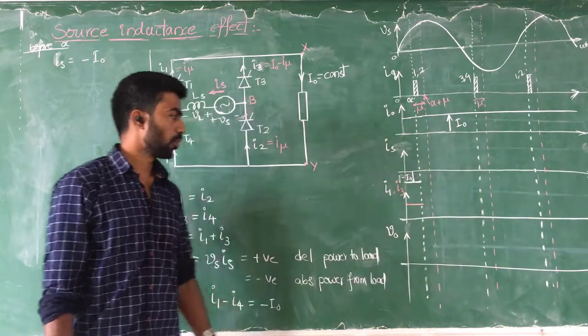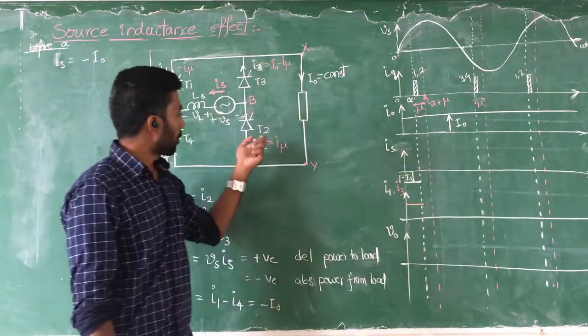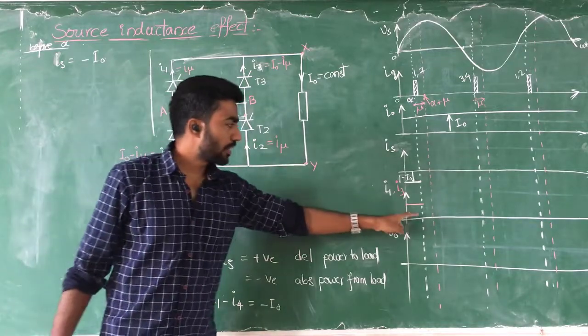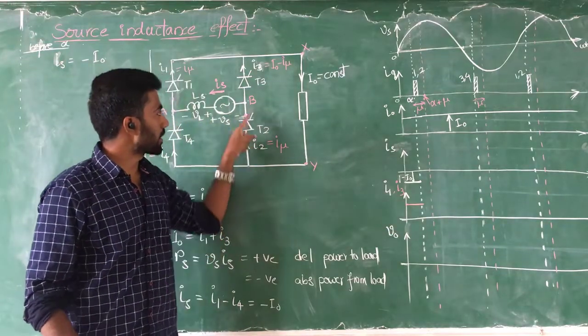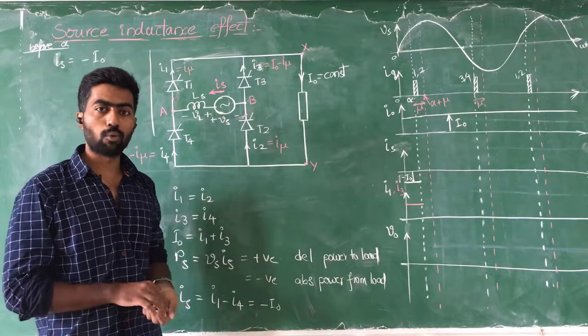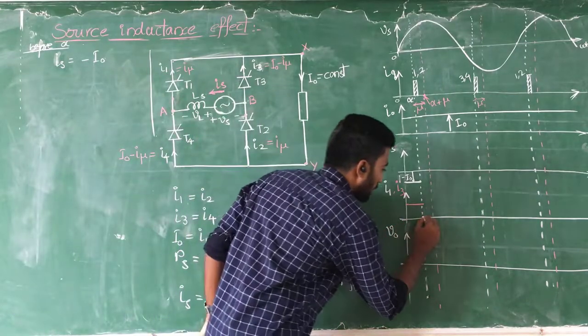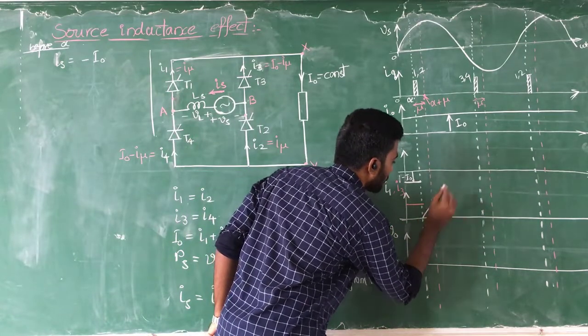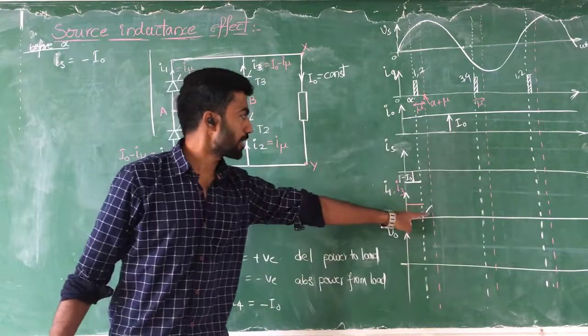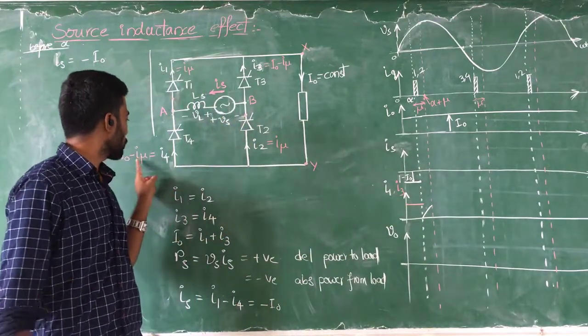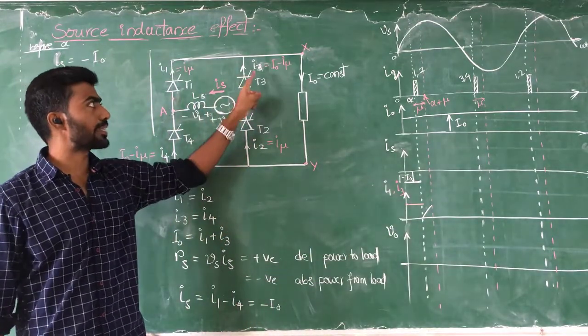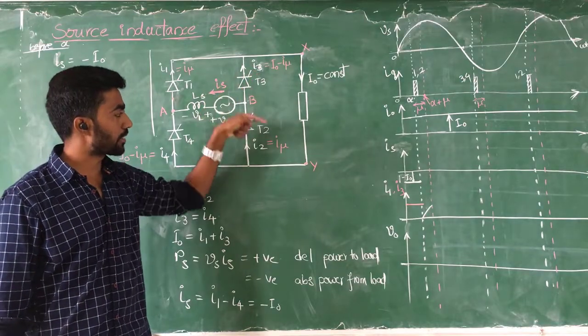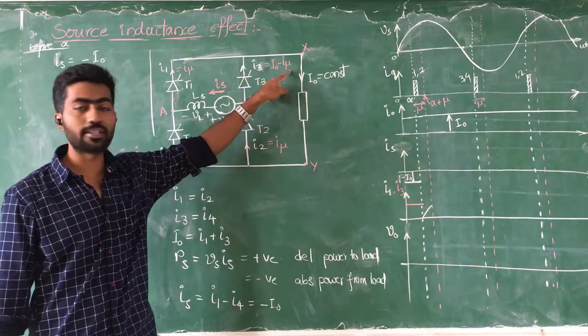Before that value. And what happens at the alpha instant is that I1 current starts increasing. I1 current and I2 current are both the same. I1 current starts increasing gradually. If I1 current starts increasing gradually, what happens to the I4 current, that is I3 current? I3 current starts decreasing gradually, that is I0 minus I1.